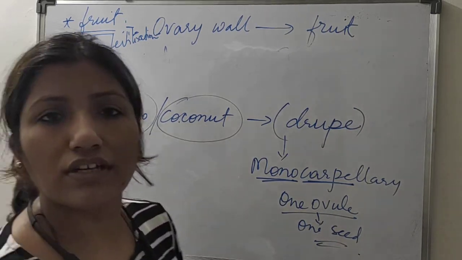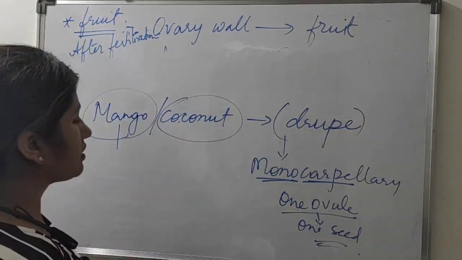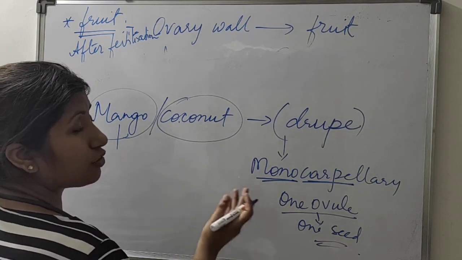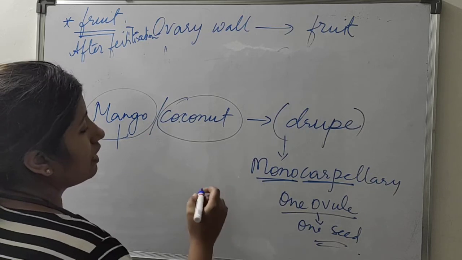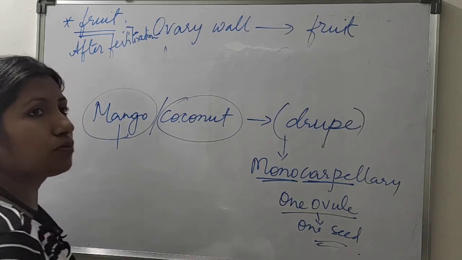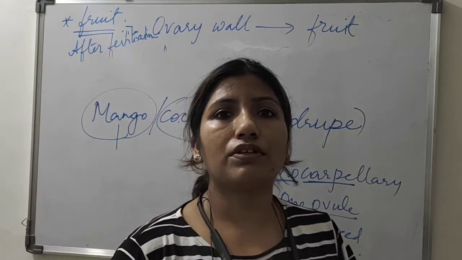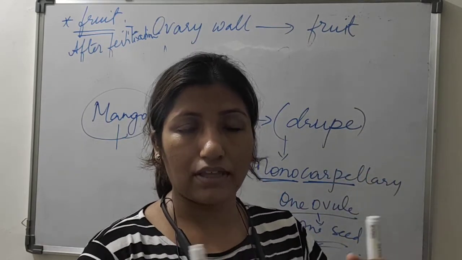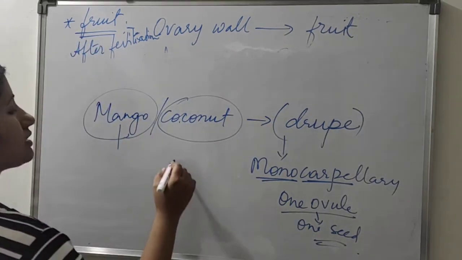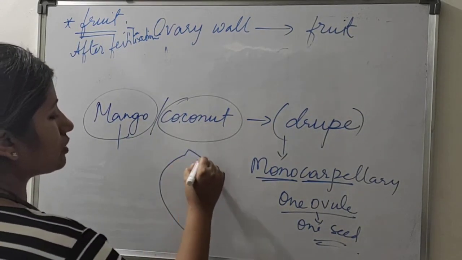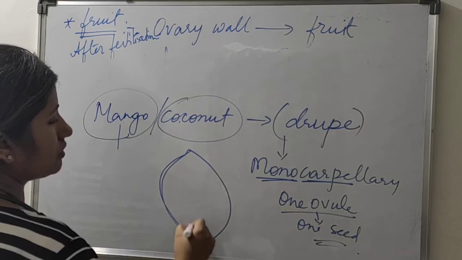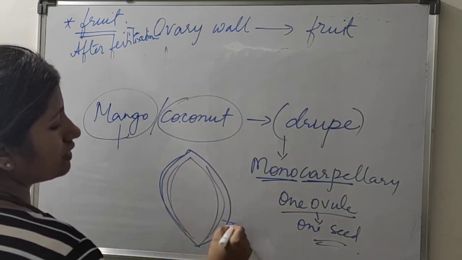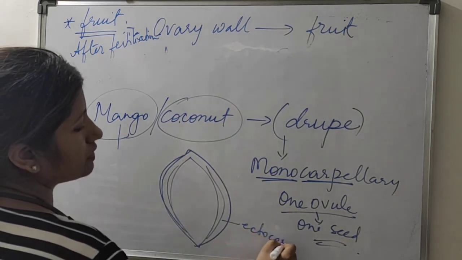Now how about in coconut? Where do you find the seed? What is the white flesh? Which is ectocarp, which is mesocarp, which is endocarp? Let me tell you, when you pluck the coconut from the tree, first you remove the husk, that fibrous, husky part. That green outermost part which you peel off is the ectocarp.